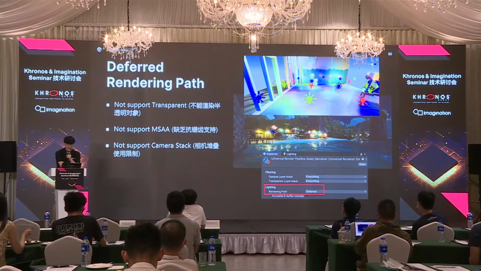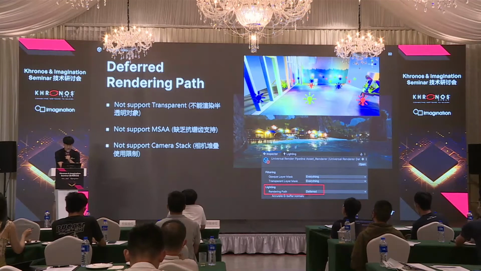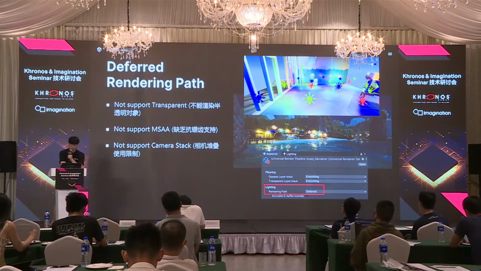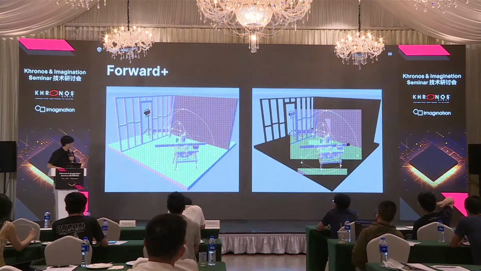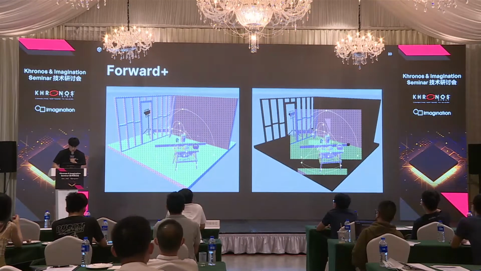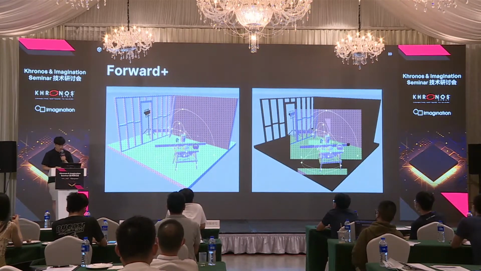Although we can use the screen space AA algorithm, it doesn't show very good performance. Another issue is related to camera stacking. Only base cameras are allowed to use the deferred rendering mode. If you want to render the overlay camera, then it must be switched back to the forward rendering mode.